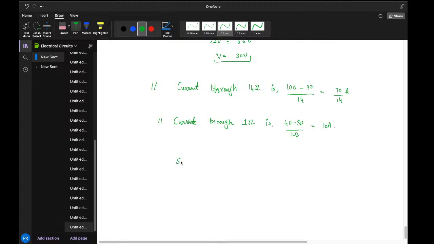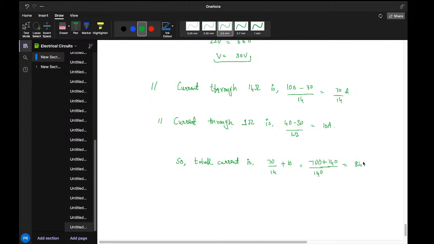So total current is 70 by 14 plus 10, which is equal to 70 into 2, so this is 700 plus, out here it is times 14, so it's 140.